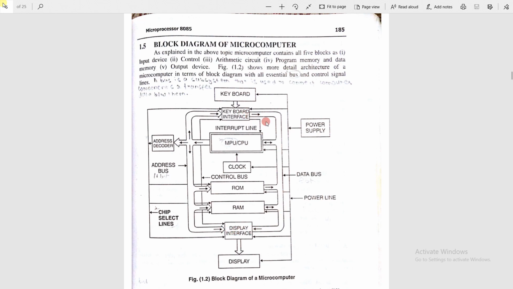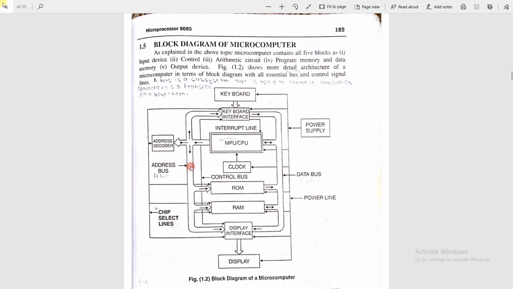Then this keyboard interface is also connected to the power supply. Of course, every block in a microcomputer requires a power supply. The keyboard interface is also connected to the address bus. Can you see this? Address bus. It is 16-bit.